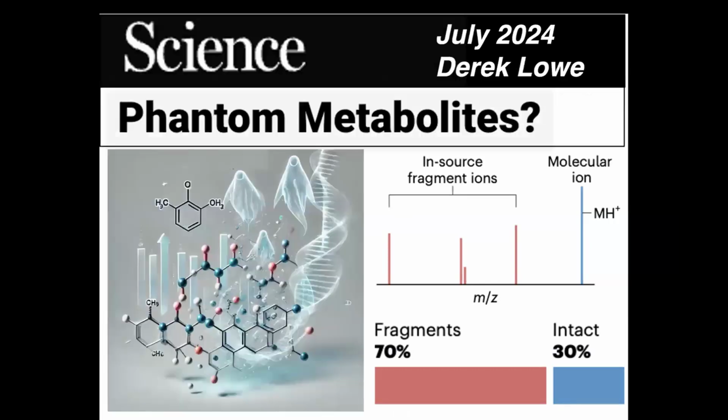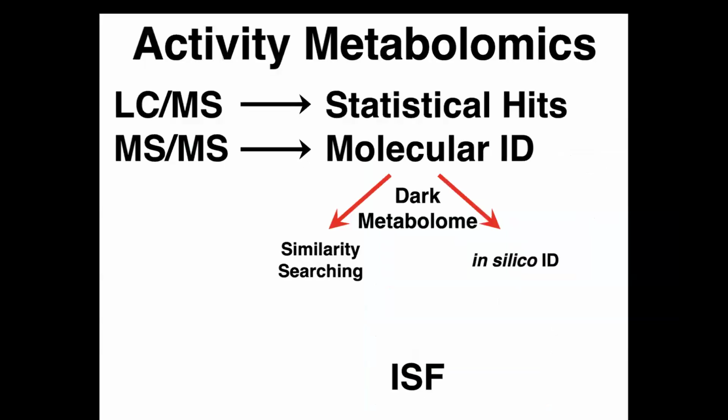And Science magazine described these molecules as phantom metabolites. They picked up on this story and clearly found it as fascinating as I did. So in essence, the dark metabolome is probably largely in-source fragmentation.